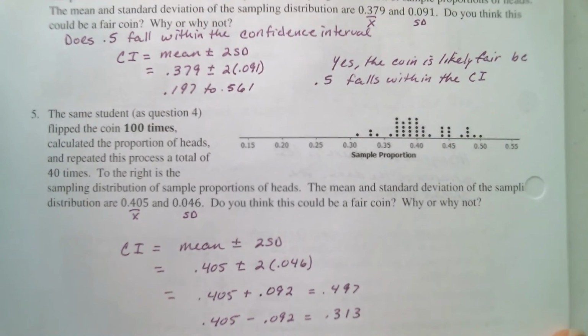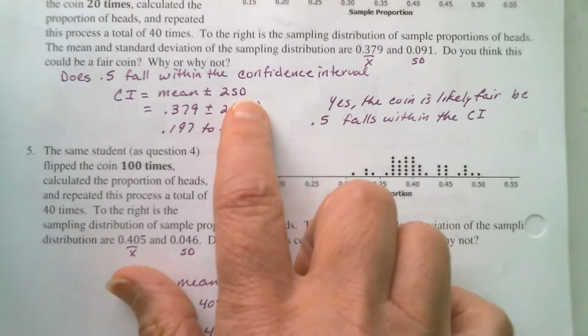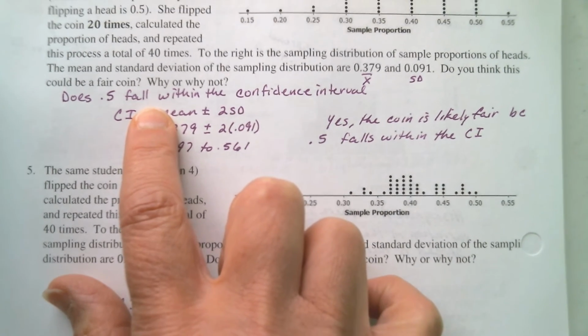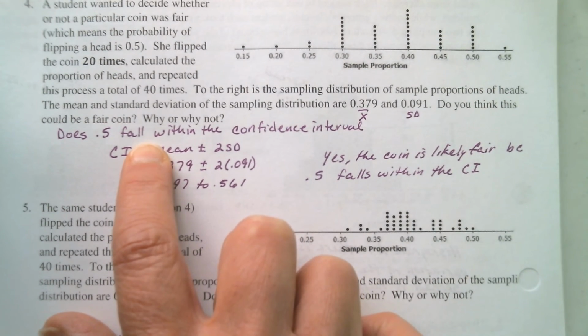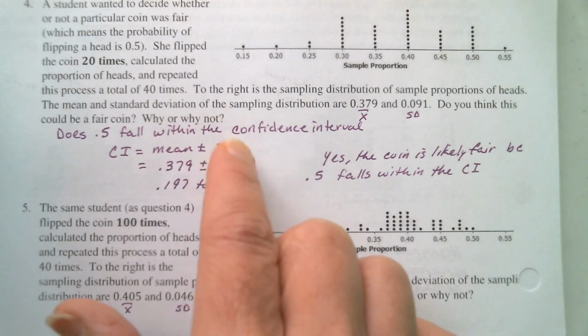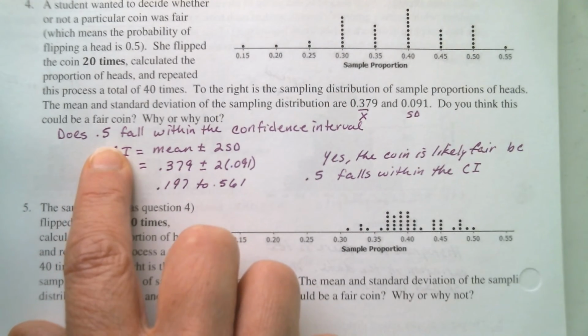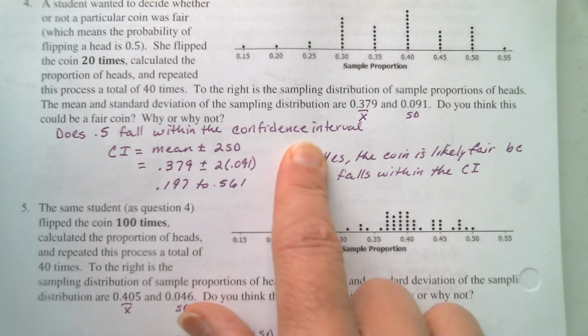And for number 4 and 5, I'll just go back to, do you think the coin could be fair? Why or why not? If it's a fair coin, then the probability of flipping a head would be 0.5. Probability of flipping a tail would be 0.5. So does 0.5 fall within the confidence interval?